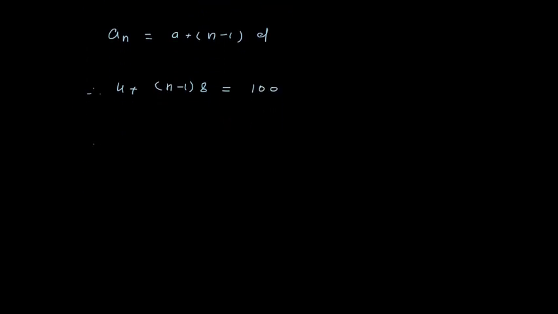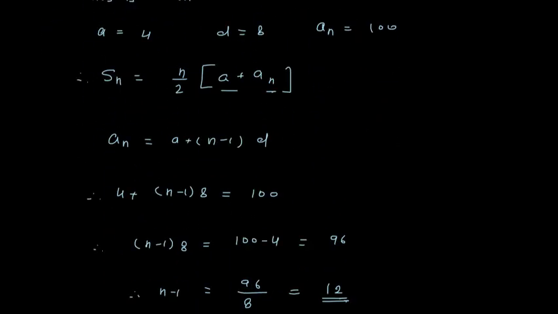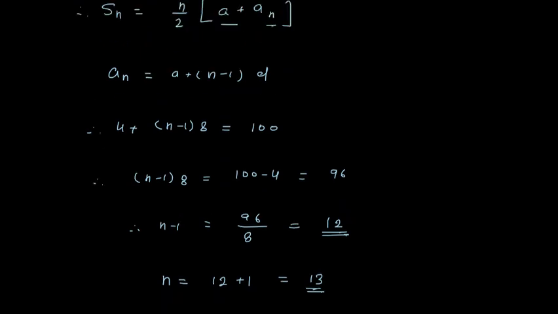So n minus 1 into 8 is equal to 100 minus 4, that is 96. So the value of n minus 1 is 96 upon 8, which is 12. So n is 12 plus 1, that is 13. So the value of n is 13.